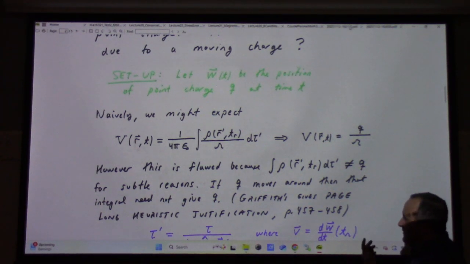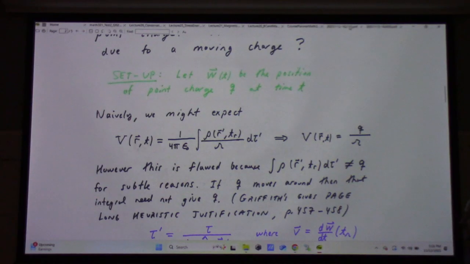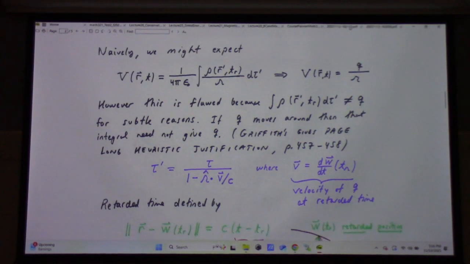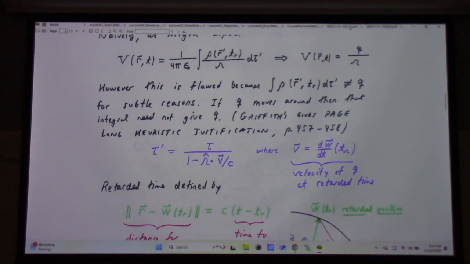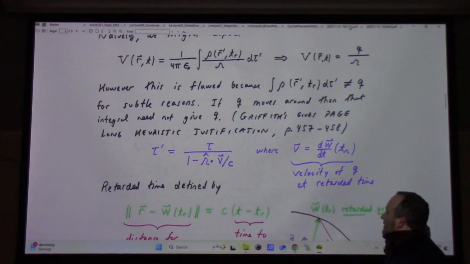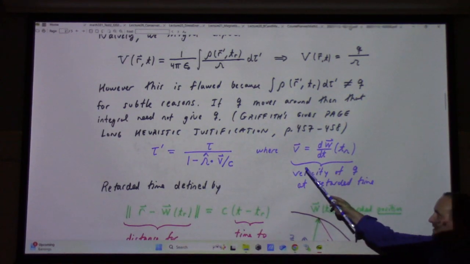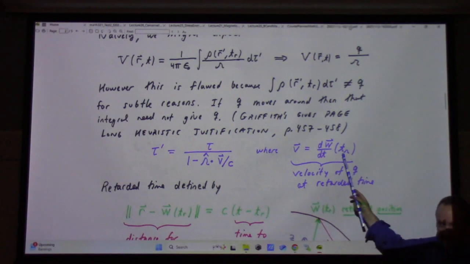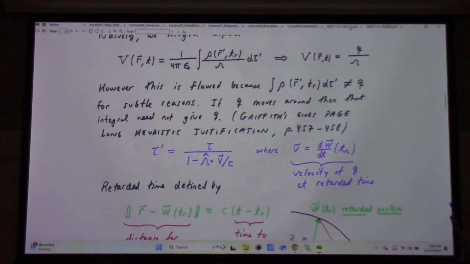The Q moves around, so the integral may not give Q. He gives a Doppler-effect kind of argument, but the long and short of it is that you end up having to divide the volume by this factor in order to compensate for the moving. This velocity, if you're wondering, is the velocity at the retarded time of the position of Q. That's what the v is.